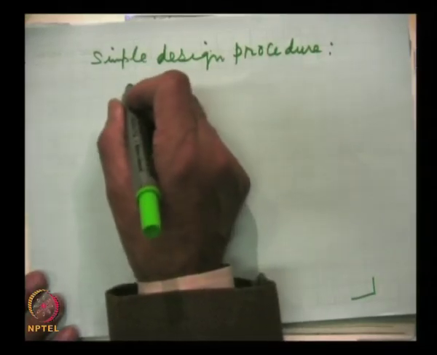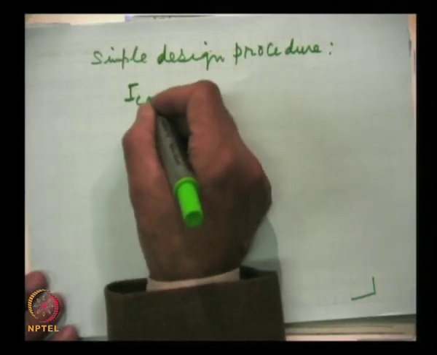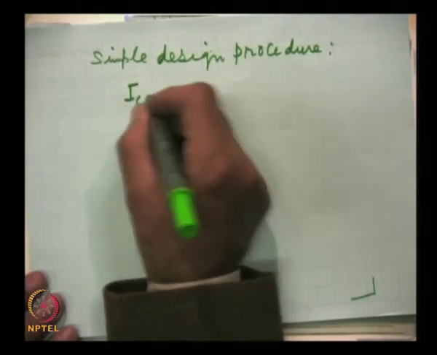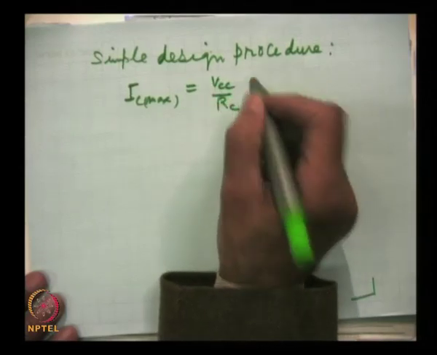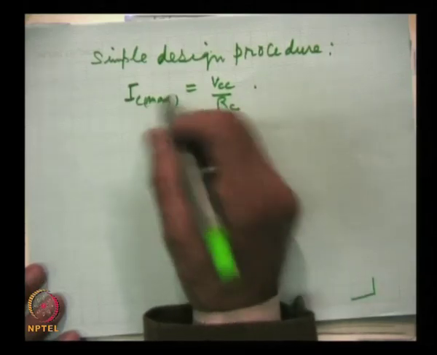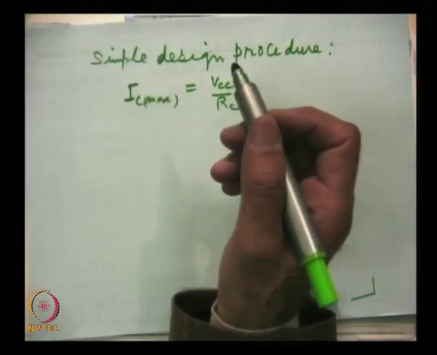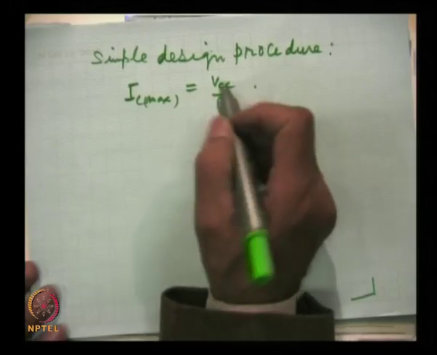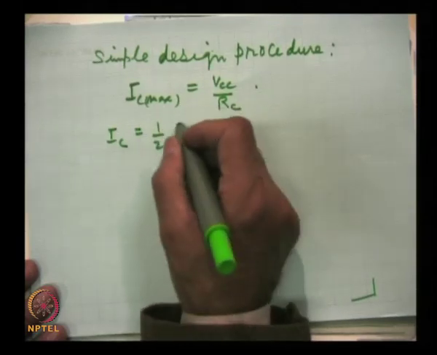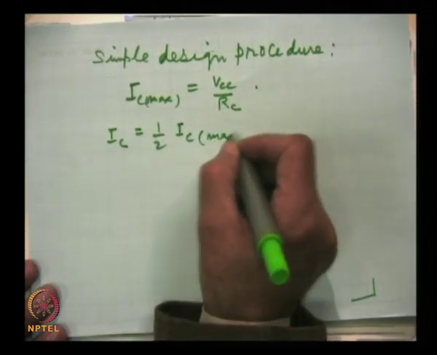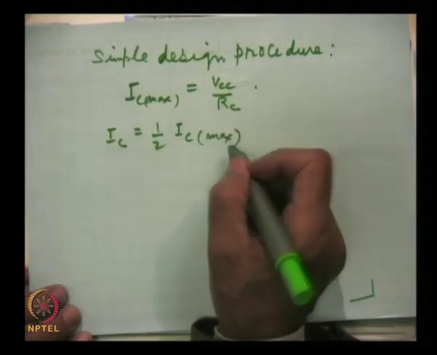We know from the load line that maximum current IC is equal to Vcc by RC, and either from the graph we can take it where the load line cuts the y axis, or we can use this procedure which is quite safe, to take half of IC max given by the manufacturer in the manual.